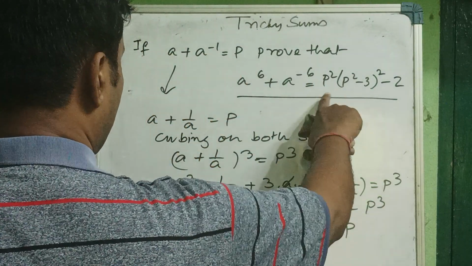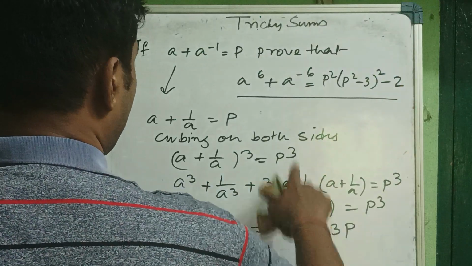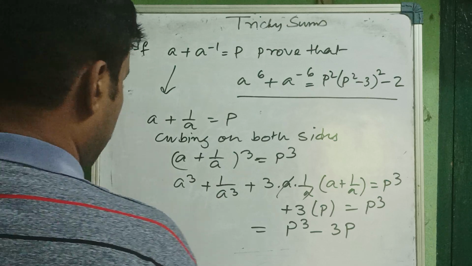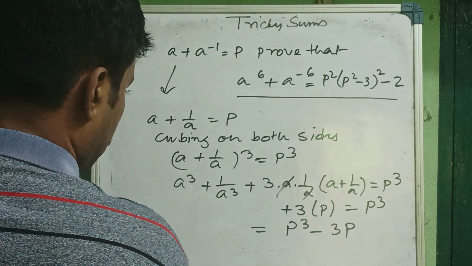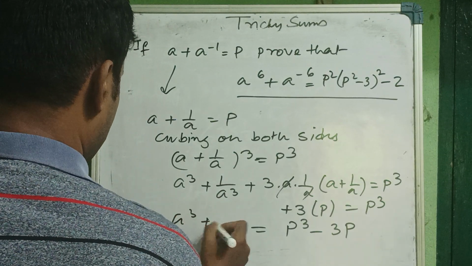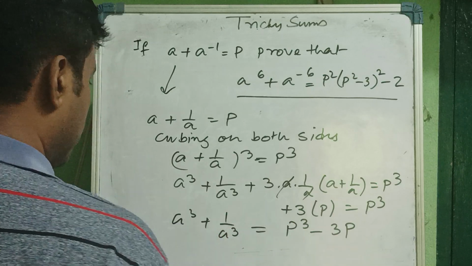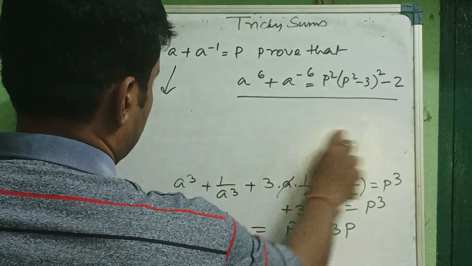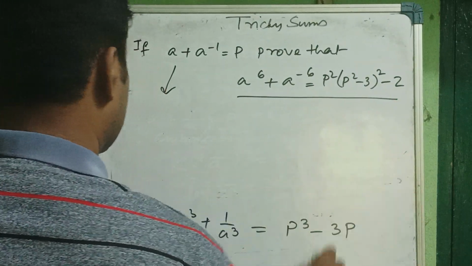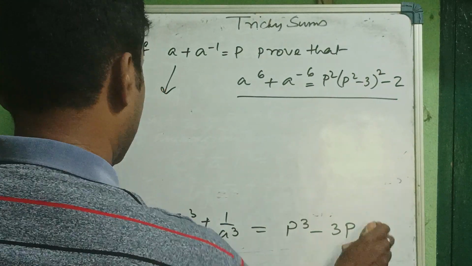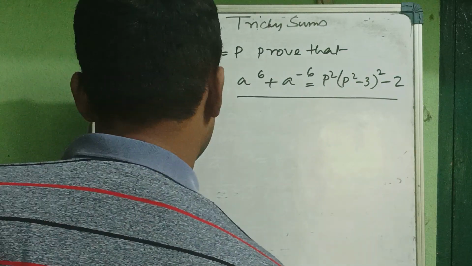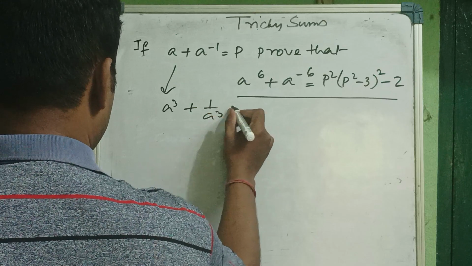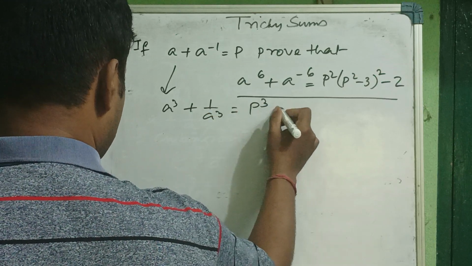Now we have to calculate a to the power 6 plus a to the power minus 6. So we get the value a cube plus 1 by a cube equals p cube minus 3p.